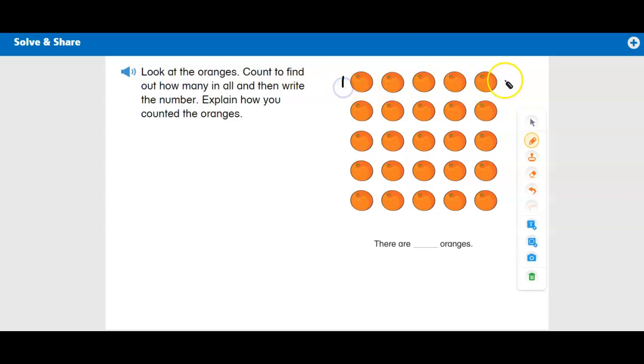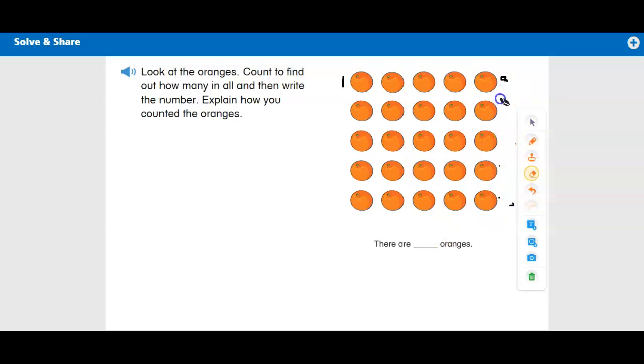We can see that all of these rows are equal. So if I know that there are 5 in this first row here, then I could count and say 5, 10, 15, 20, 25.